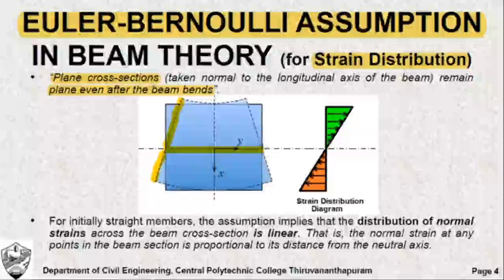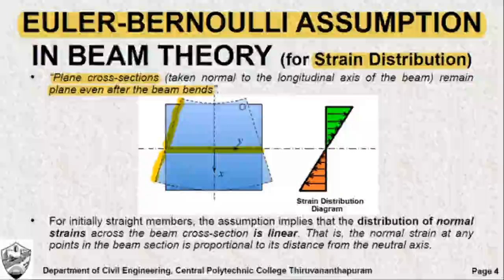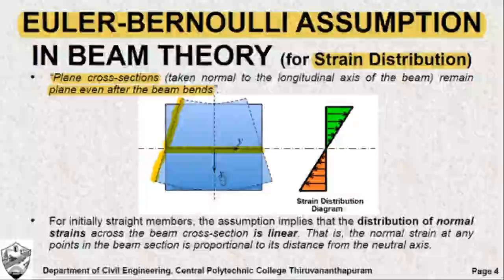As you move away from the neutral axis, the more the fiber is getting compressed on the upward side of the beam. At the bottom side of the beam, as you move away from the neutral axis, the more it gets stretched.